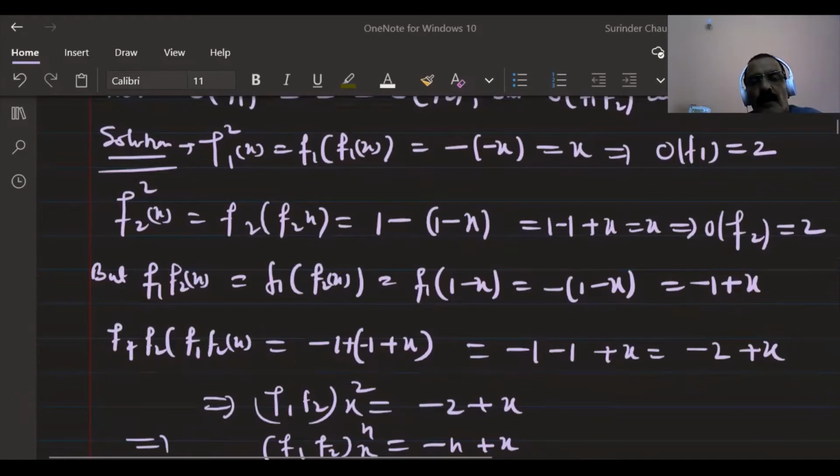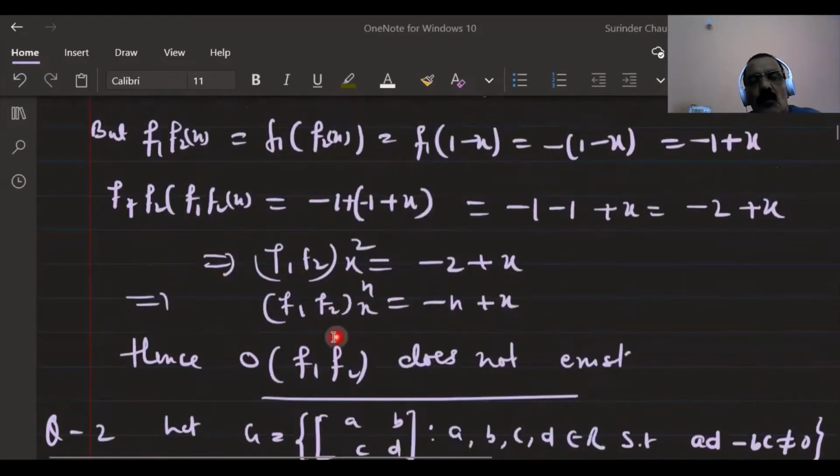So (f1 f2) square of x is equal to minus 2 plus x. Therefore, (f1 f2) raised to n, composing n times, of x is equal to minus n plus x. Hence the order of this does not exist.